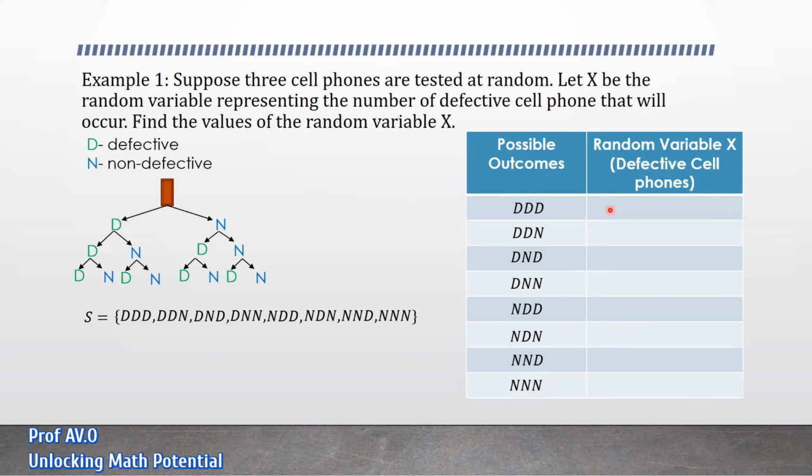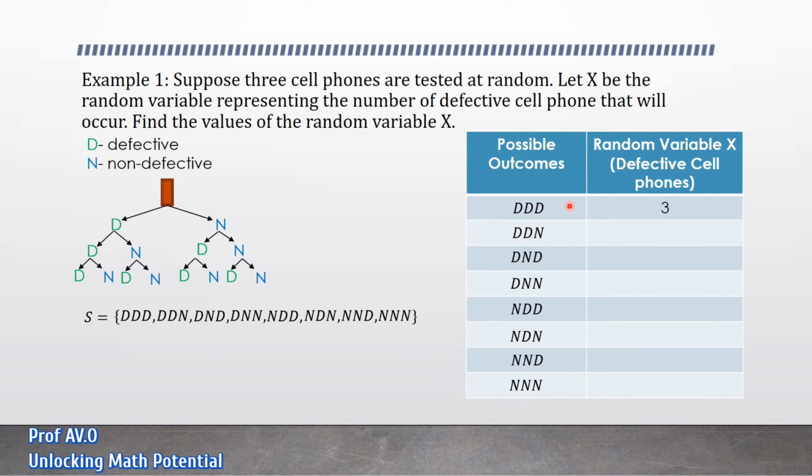To get the answer for the second column, the random variable x, which is the number of defective cell phones, we will just count the number of defective cell phones in each of our possible outcomes. For the first outcome, how many defective do we have? 1, 2, 3.